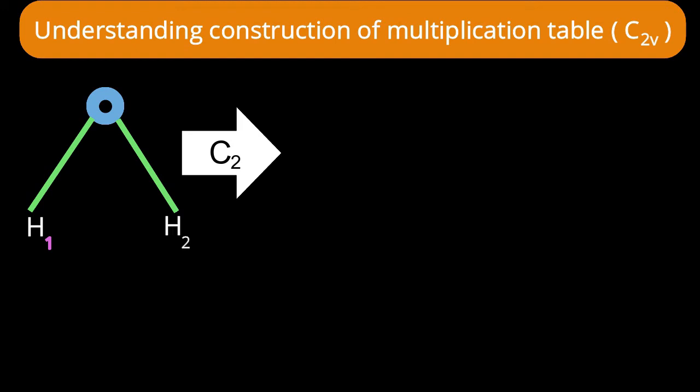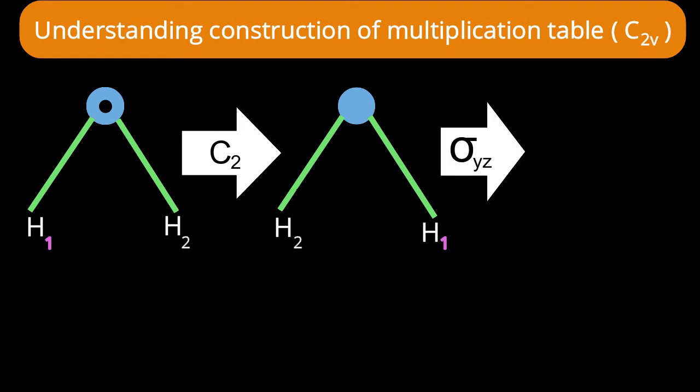See the resultant structure after the C2 operation. Yes, hydrogens have changed position and the nose went away from us. On this resultant structure, I want to perform the next operation. Which operation? Sigma yz operation. How is our sigma yz? Sigma yz is perpendicular to the water molecule. After reflection through that plane, what will be the result?